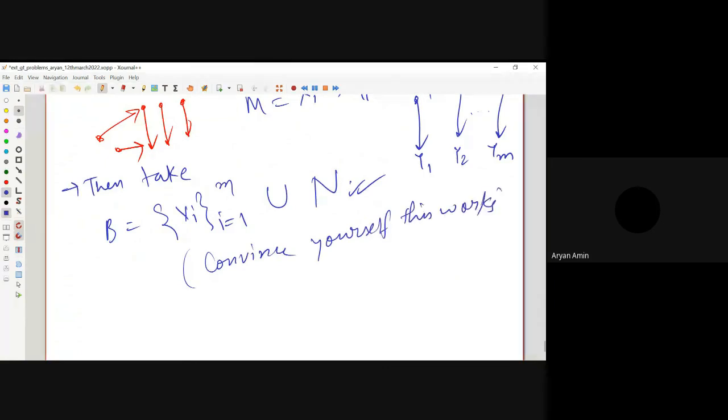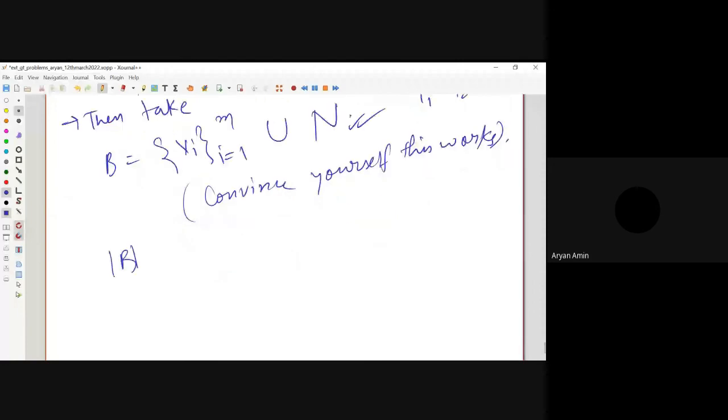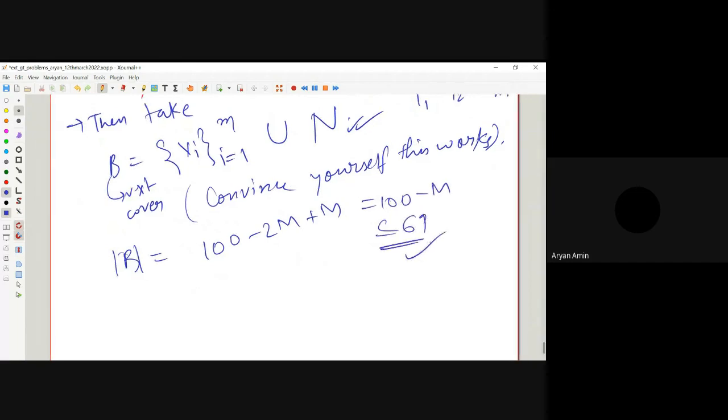So this B is a vertex cover, and B has size 100 minus 2m plus m, which is 100 minus m, which is at most 69. So that proves the problem.